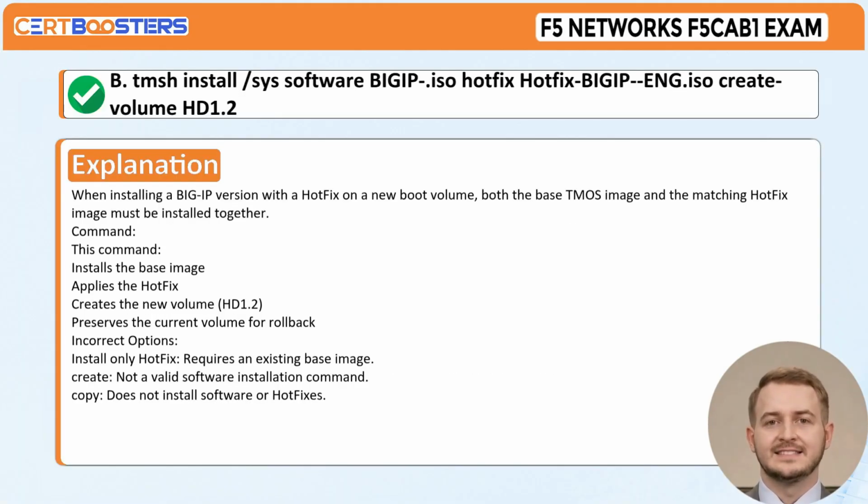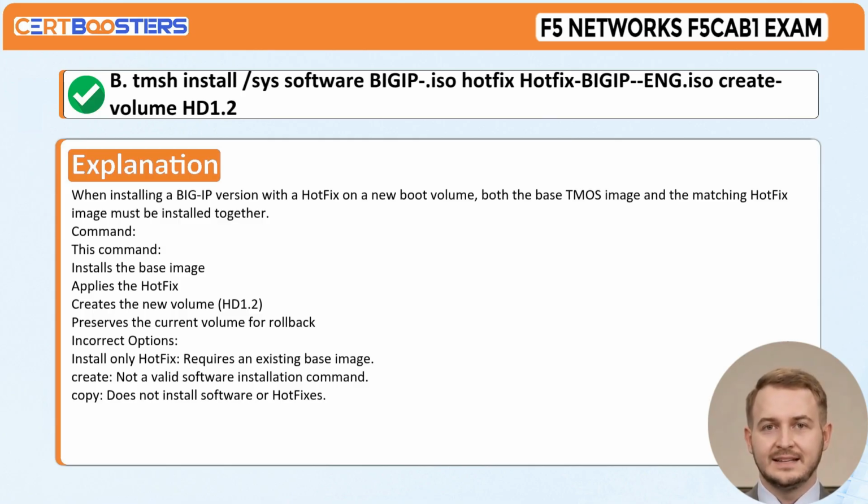Correct answer. B. tmsh install /sys software BIGIP-iso hotfix HOTFIX-BIGIP-ENG.iso create-volume HD1.2. Explanation: when installing a BIG-IP version with a hotfix on a new boot volume, both the base TMOS image and the matching hotfix image must be installed together.